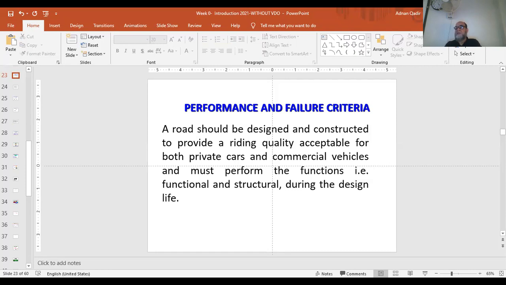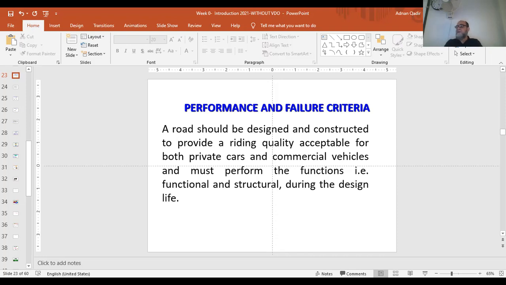When you feel that the road is not good enough to get a good riding surface, your comfort level is decreased, and the speed in which you intend to drive is not attainable, not due to the congestion but due to the pavement condition.